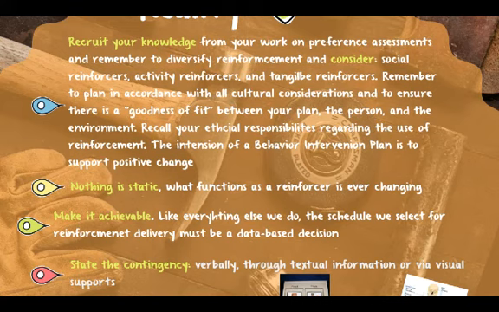So what we select as a reinforcer has got to be a good fit between the person and what you're using for a reinforcer. So there may be restrictions or prohibitions in terms of foods that you use. I just want to make sure that I'm constantly raising your level of awareness and raising your level of sensitivity in terms of what you're doing and what you're using as a reinforcer.